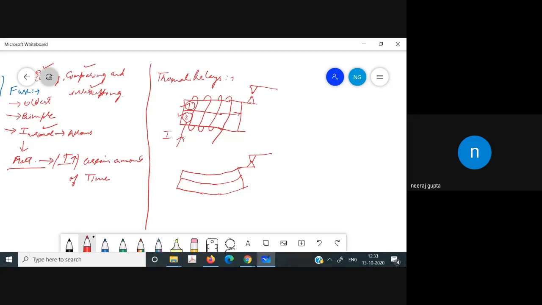It actually works on the principle of the strain generated due to the unequal linear expansion.